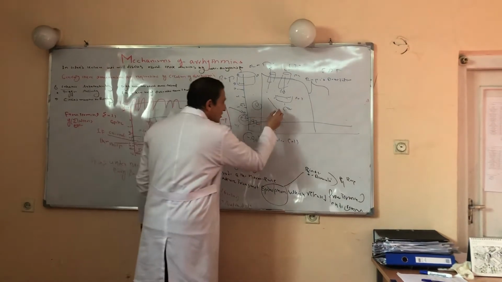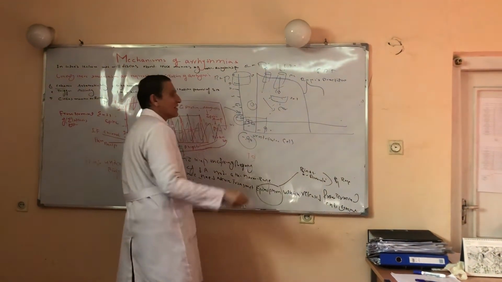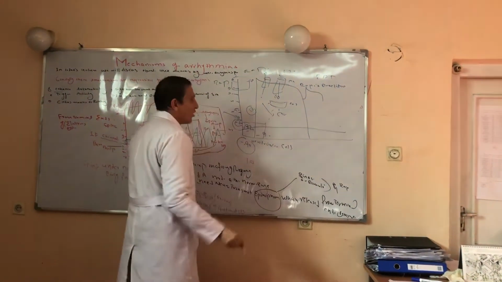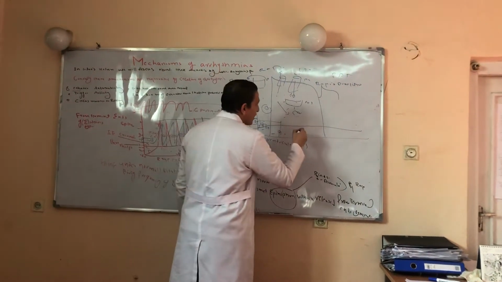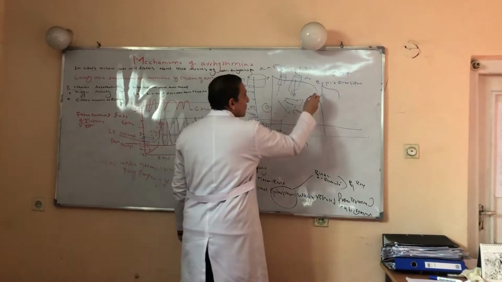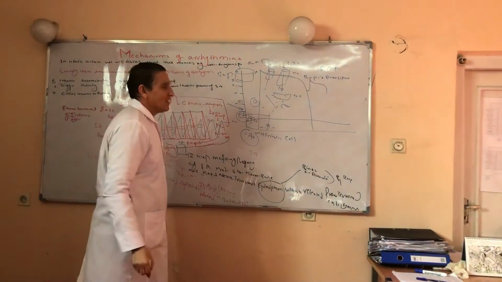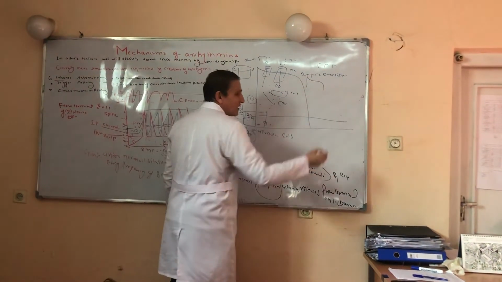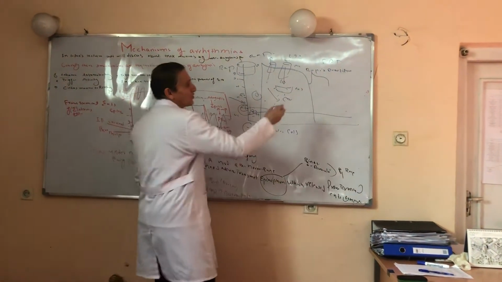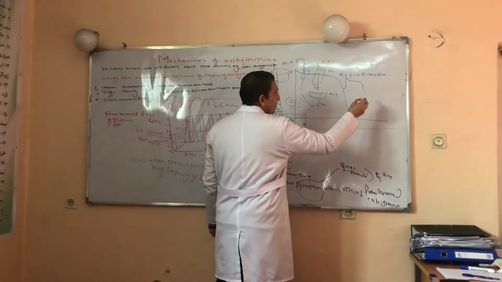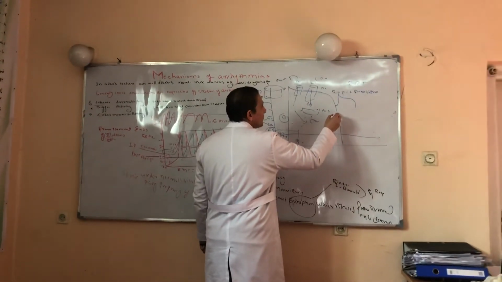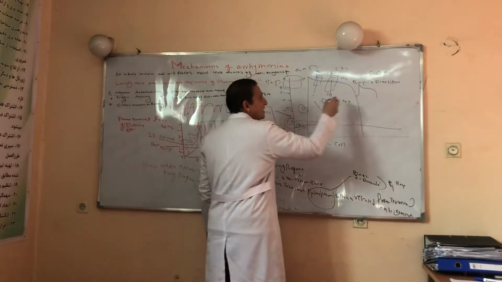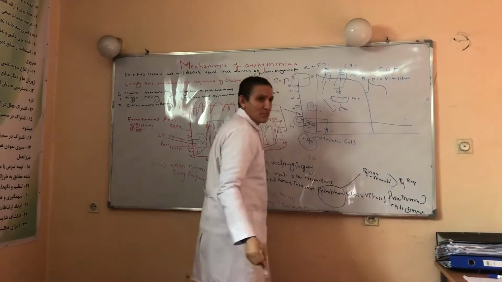In addition to the normal action potential, or the normal sinus or spontaneous action potential, we have a pathological action potential. This pathological action potential is accidentally or unwantedly produced. When it occurs soon after the depolarization, it is called early afterdepolarization.